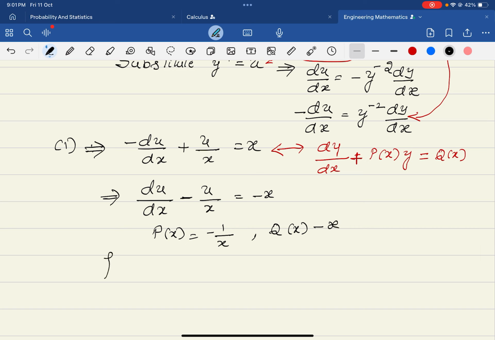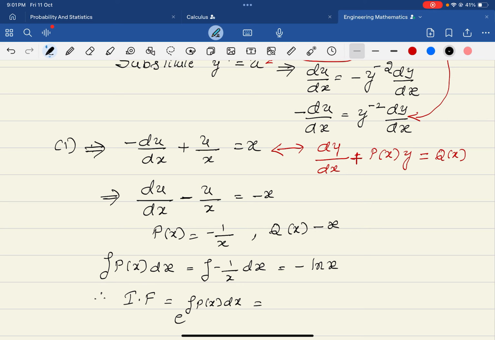Now we have to find out the integral of p of x dx. The integral of p of x dx is the integral of minus 1 over x dx. Now we know the integral of minus 1 over x is minus ln x. Therefore, what is the integrating factor? This is given by e raised to the integral of p of x dx, that is e raised to minus ln x.